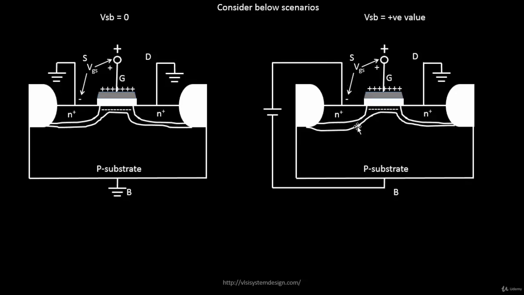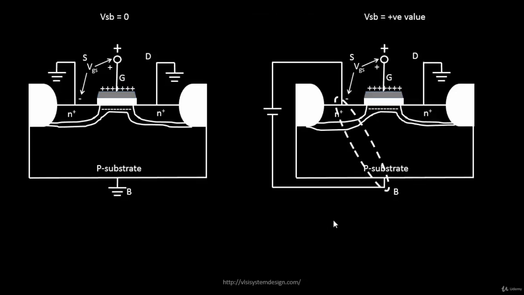There is an additional reverse bias being applied to this PN junction diode, because you have this N-type area connected to a positive source, and the P-type substrate connected to a negative source. So there is an additional reverse bias on top of the gate voltage, and that increases the depletion width in this area.